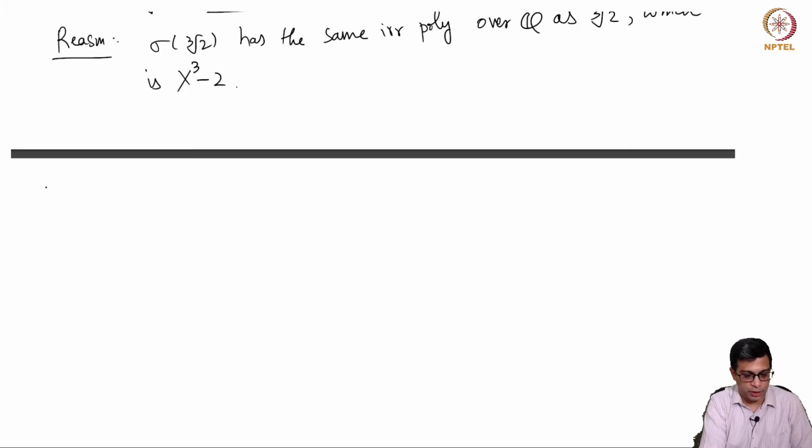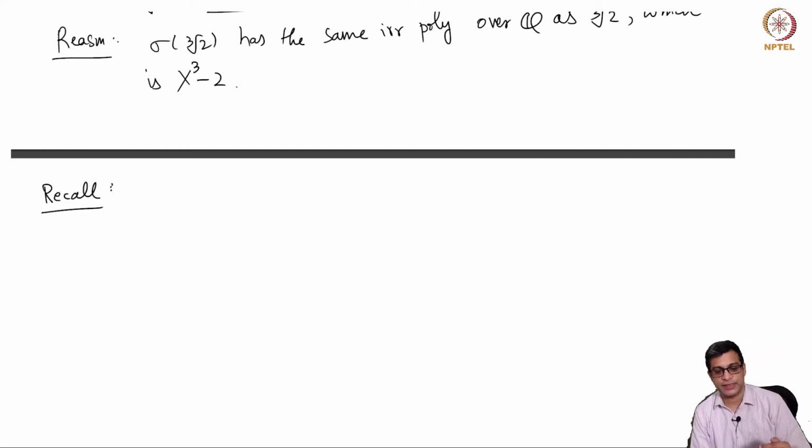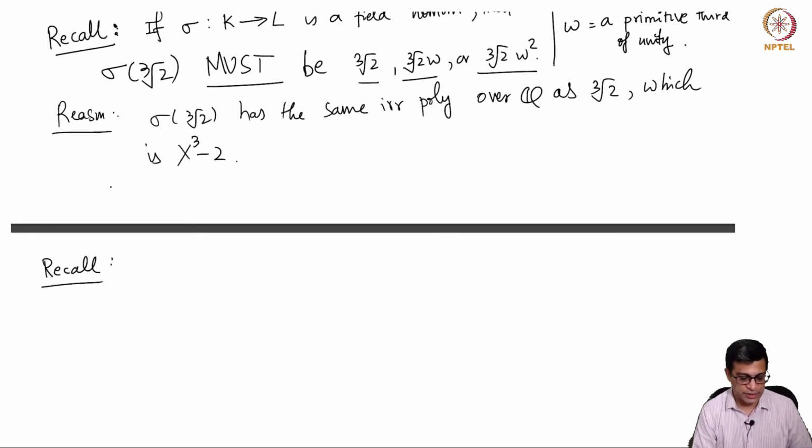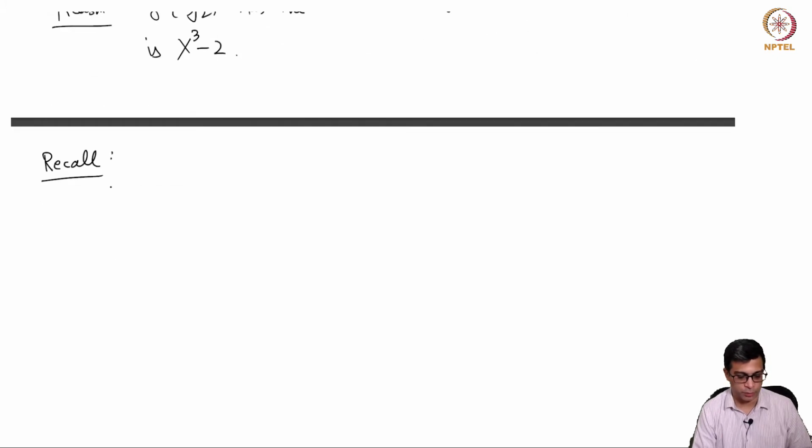Another important feature which I'm going to recall in this example, but we are going to use all these things repeatedly in all the future examples and future videos. In the first example, I wanted to spell it out in more detail.